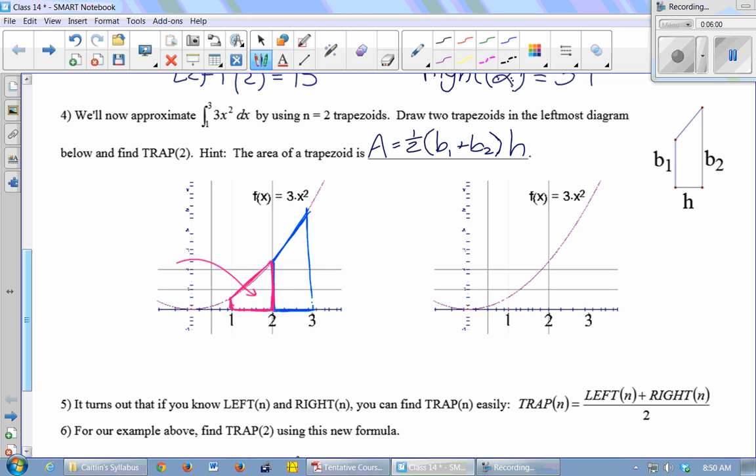So one is going to be f of 1 and the other is going to be f of 2. Okay, so this height is 3 and this height we know is 12. And then this is we normally think of this as the base, but it's the height of the trapezoid, which is a 1. So that ends up being 7.5.